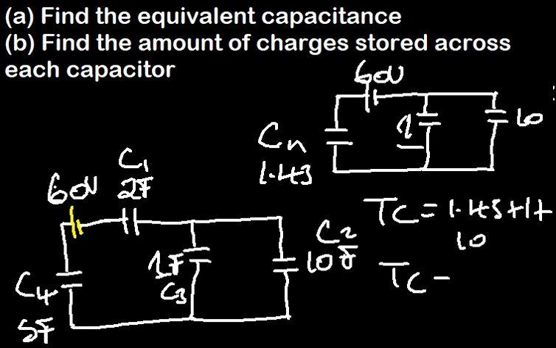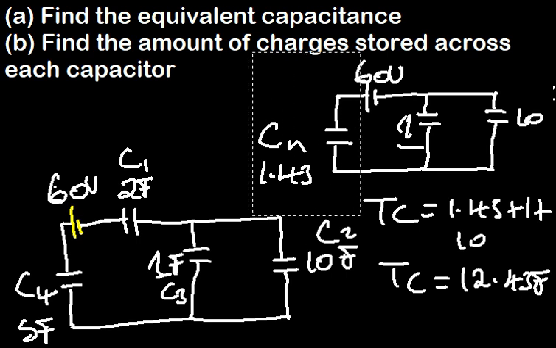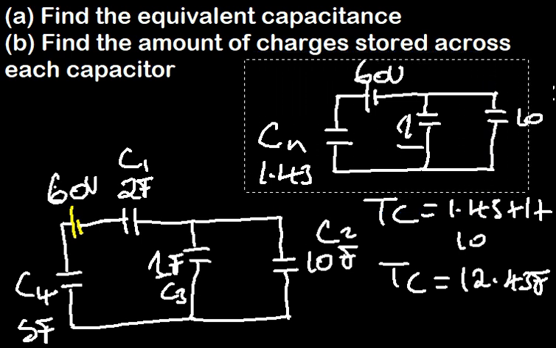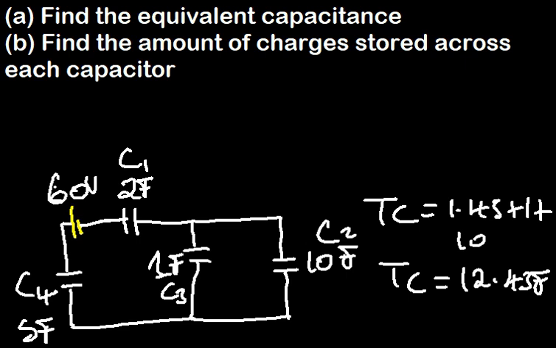So the total capacitance is 12.43 farad, the total capacitance in the circuit. Whichever way, if you have a complex circuit, start reducing it one by one, for example using the capacitors that are in parallel, until you have the final circuit.